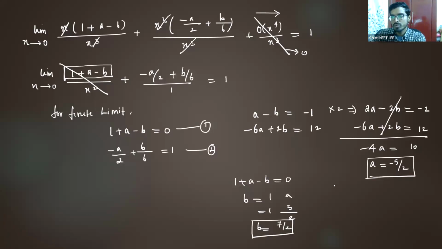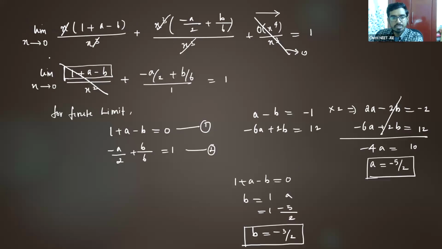So a is minus 5 by 2. So 1 minus 5 by 2, b is minus 3 by 2. B is equal to minus 3 by 2.